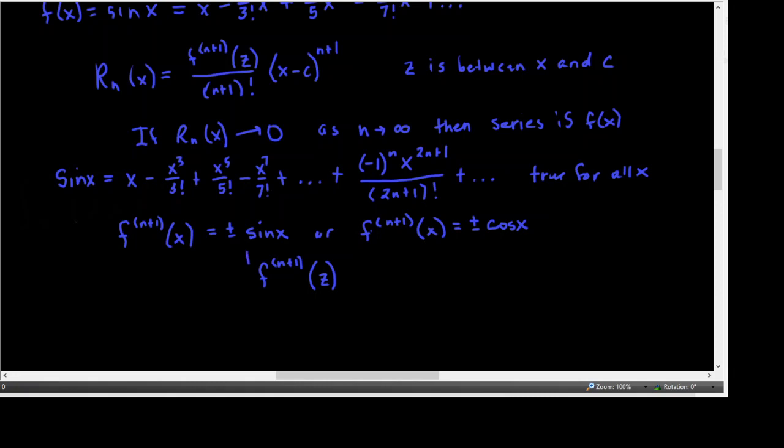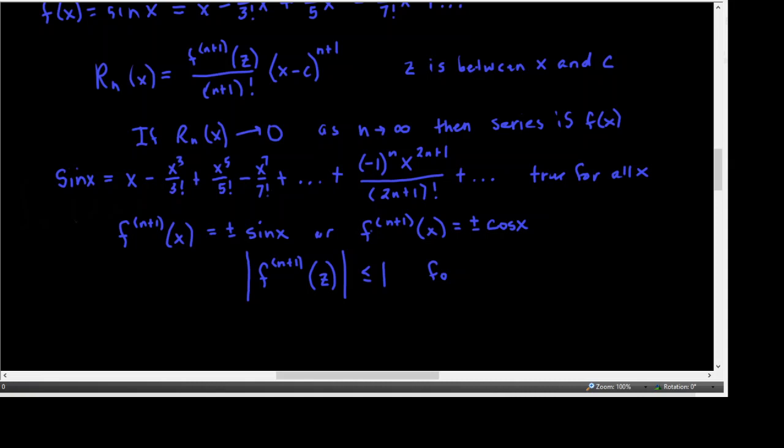Then, if we were to take the absolute value of that, that would mean that all of those answers are less than or equal to 1, right? That makes sense. So it doesn't matter what z is.